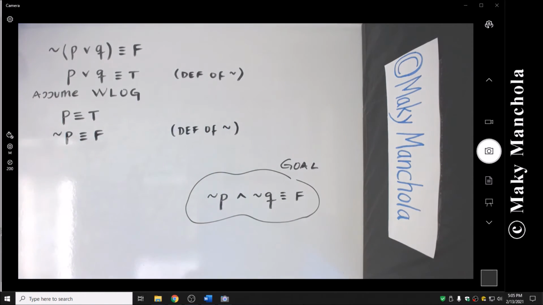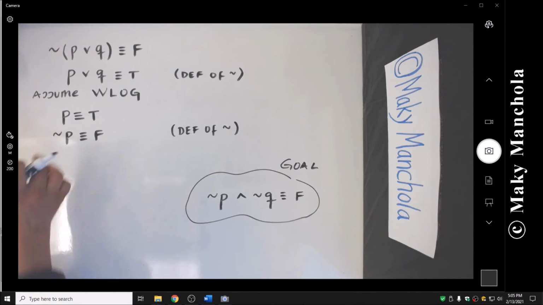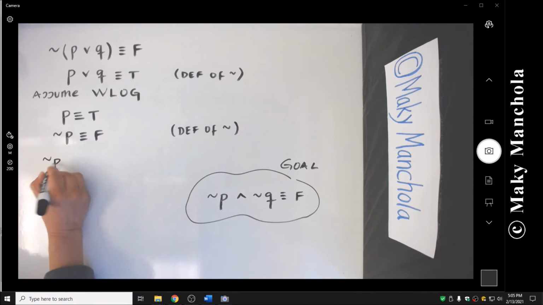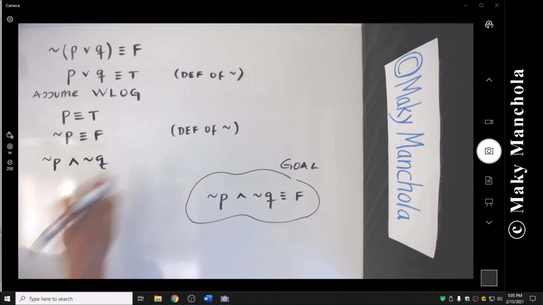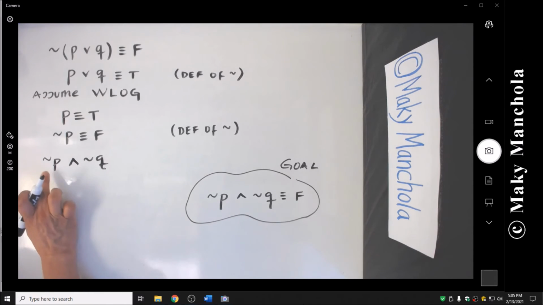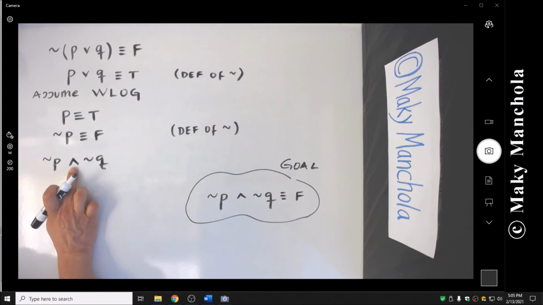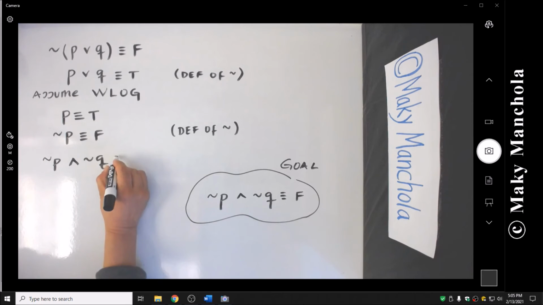Now, I want to know the truth value of negation of P and negation Q. Well, if I form that conjunction, negation P and negation Q, regardless of the truth value of the negation of Q, the fact that the negation of P is a false statement, when I conjunct it with anything, I will still get a false result.